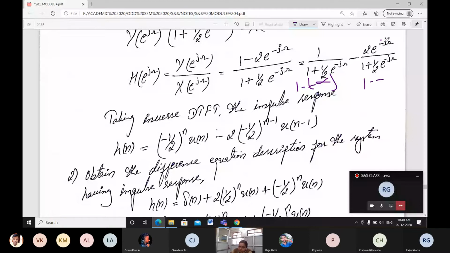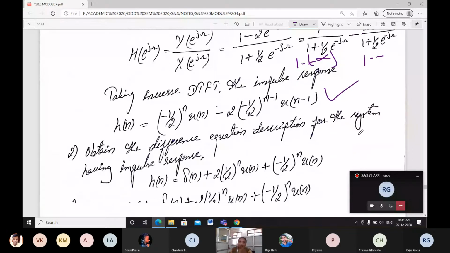Here it is only e raised to minus j omega, means the constant value is 1, for that reason n minus 1. If it is e raised to minus j 2 omega, then it is going to be minus 1 by 2 power n minus 2 u of n minus 2. Here it is only 1, for that reason minus 1 by 2 power n minus 1 into u of n minus 1. You will have to write that.